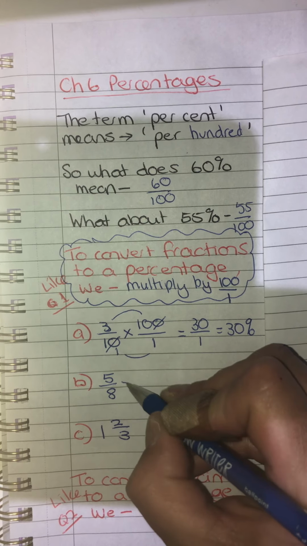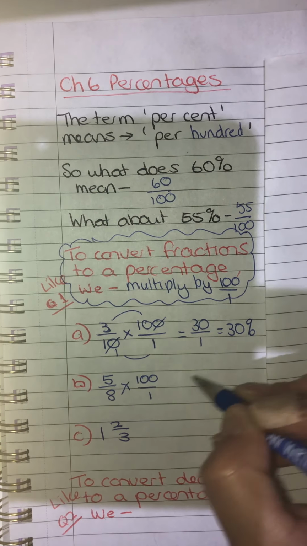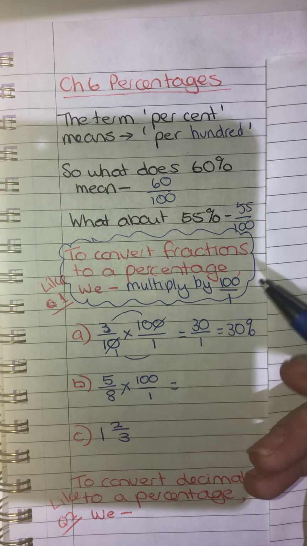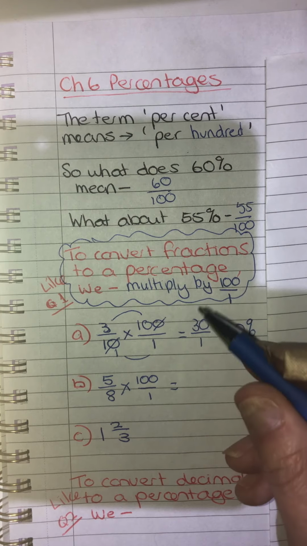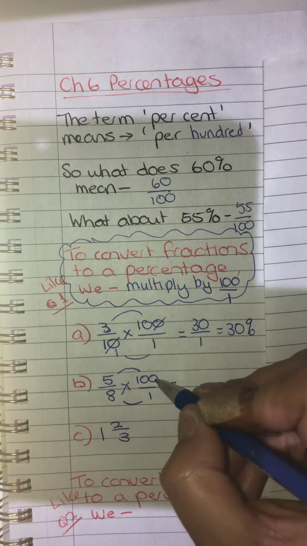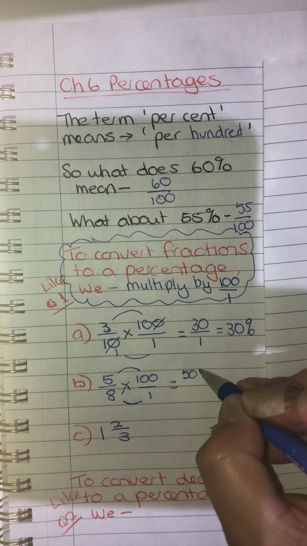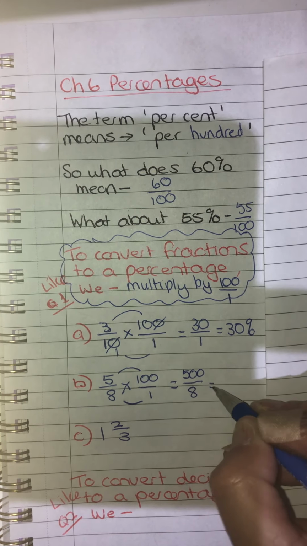All right, what if you get something a little bit harder? You're still going to start the same like this. And this time, you could do quick ones like that. But because you've got your wonderful calculator, I'm going to let you use it. So we're going to go 5 times 100 is 500. I'm going to go 8 times 1 is 8.